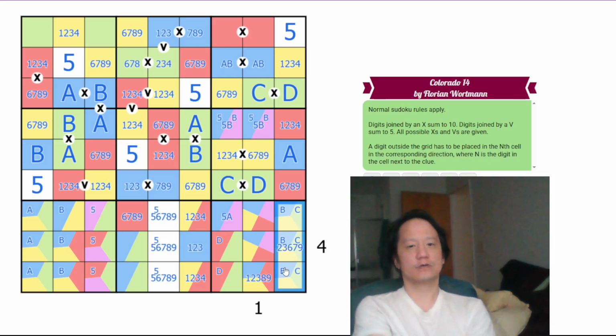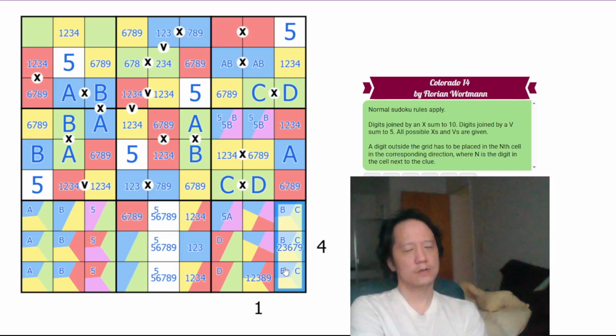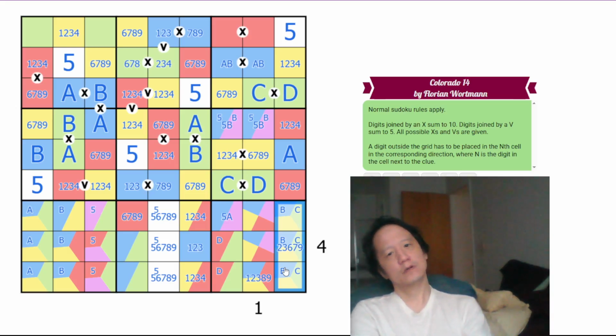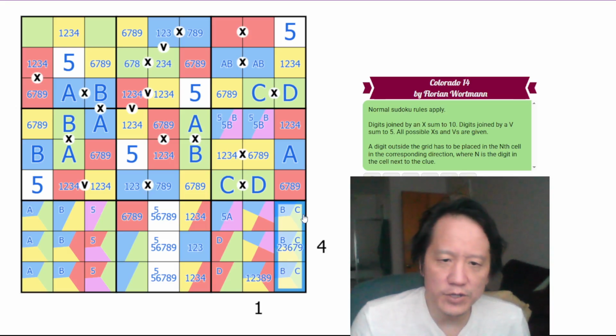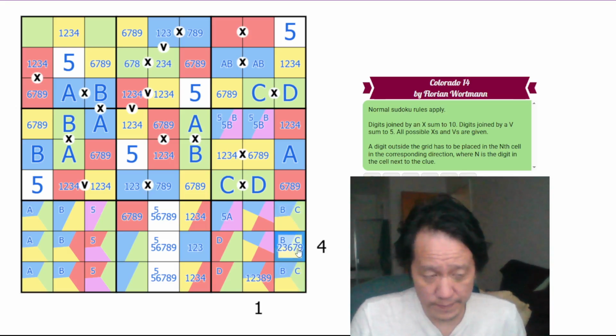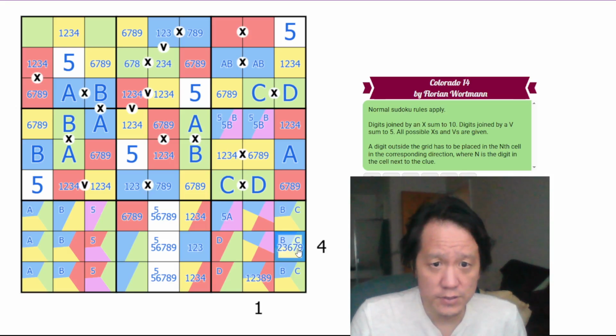Oh, that's interesting. Huh. Interesting. Okay. So if this is two or three, that means the blue or the green is two or three.